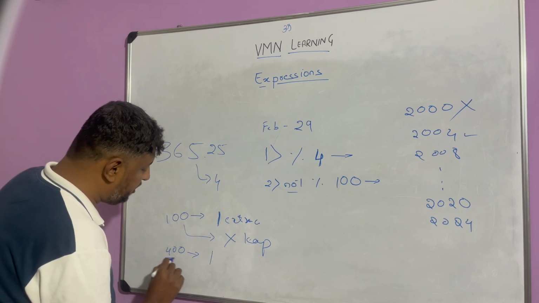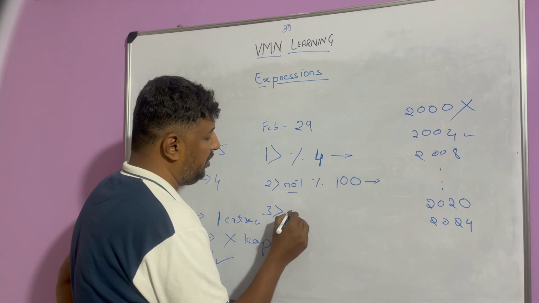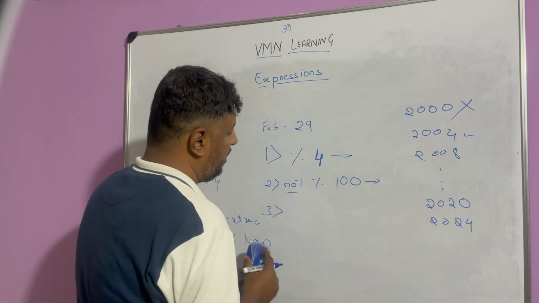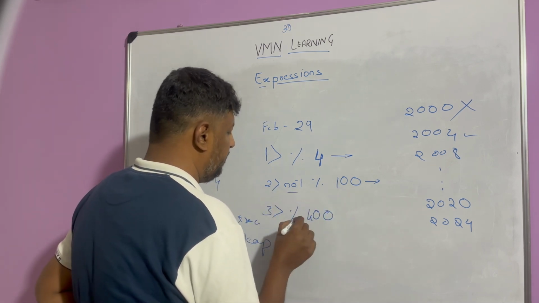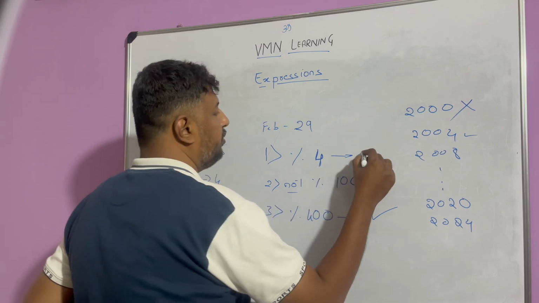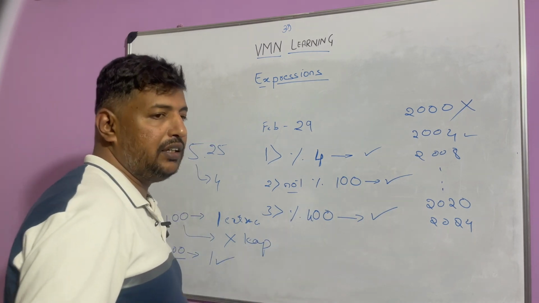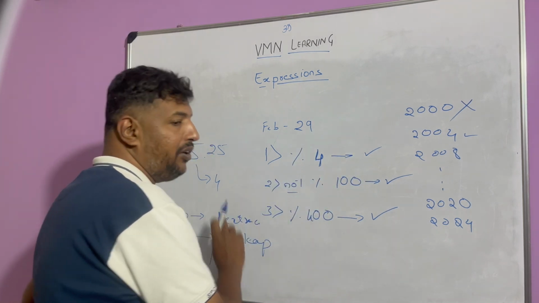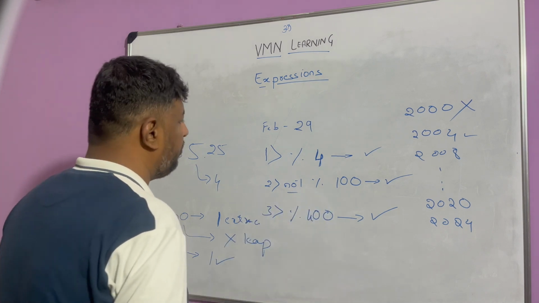So if it is divisible by 400, we have to add it as a leap day. If divisible by 400, then it's a leap year. So if a year is divisible by 4 and not divisible by 100, it is a leap year; even if it is divisible by 100, if it is divisible by 400, then we are going to consider it as a leap year. Okay, so how do we write a program for this?